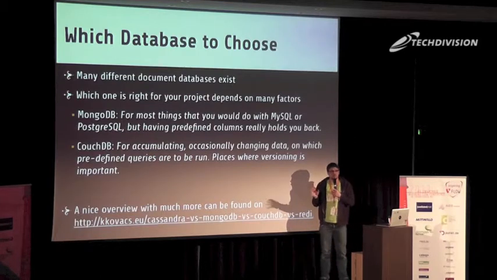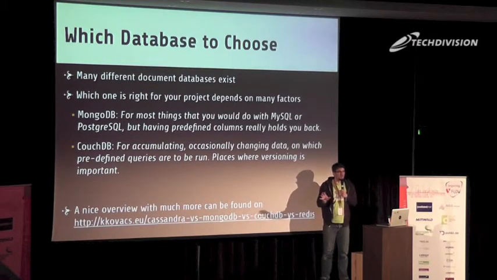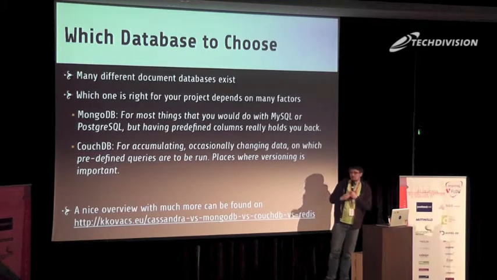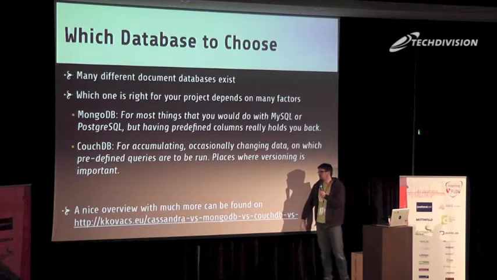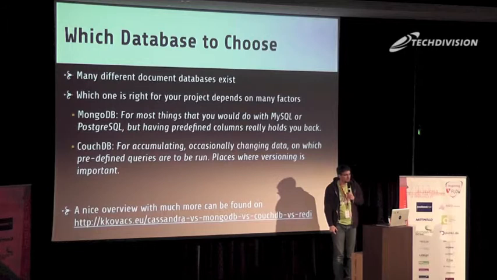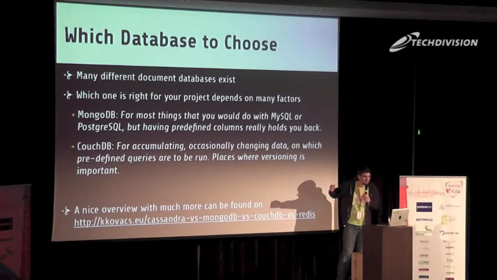There's a very nice website giving a thorough overview of the main characteristics of, I think, 12 different document databases. And from that website, which I mentioned down here, I took those two descriptions for Mongo and Couch. So that shows that there is a difference that actually affects the way you work. So choose your database carefully.